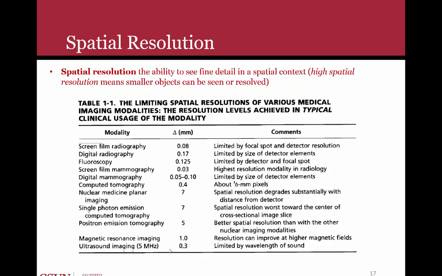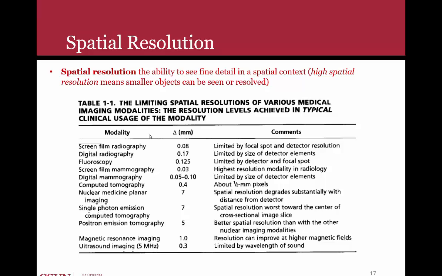Okay, so some more definitions about spatial resolution. Spatial resolution is the ability to see fine detail in space. Really what that means is high spatial resolution means that smaller objects can be seen or resolved.